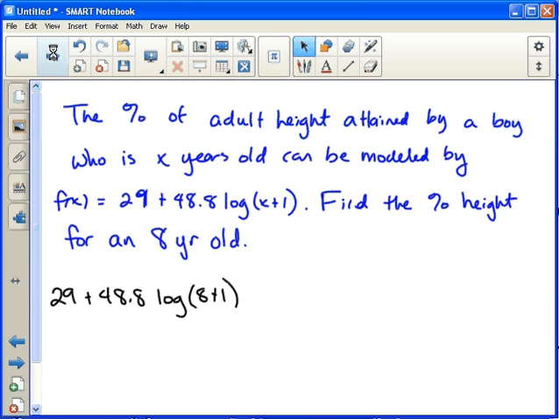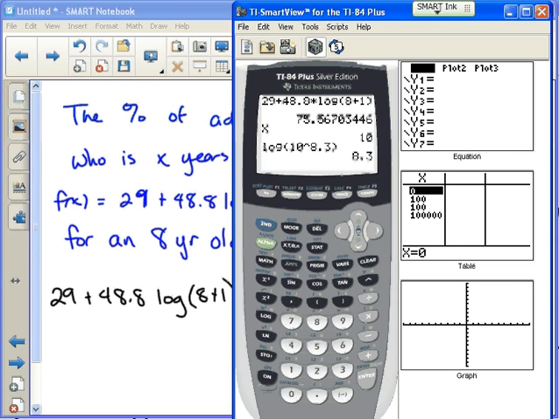So we just plug that in as well. 29 plus 48.8 times the log of 9. 8 plus 1 is just 9. And we get 75.56. So he's about 75.5% of his adult height.